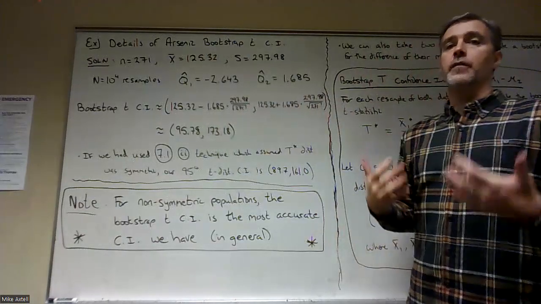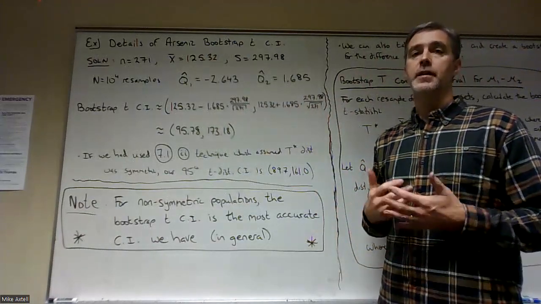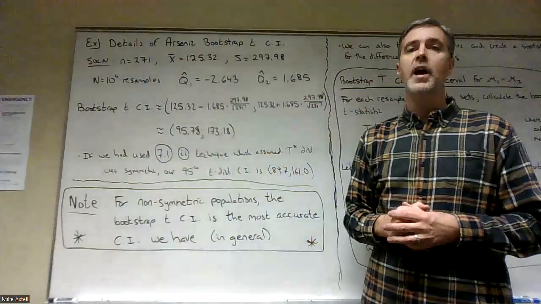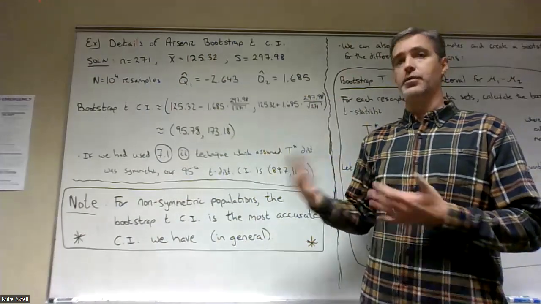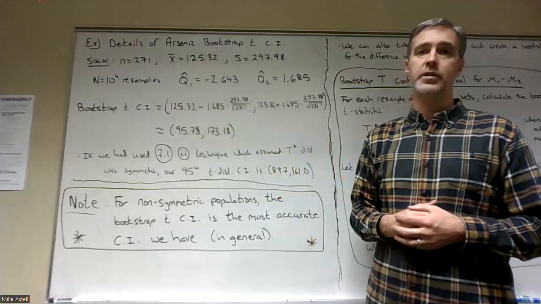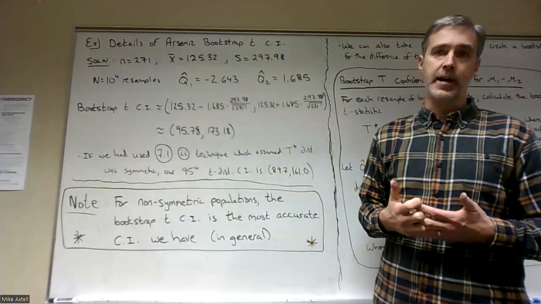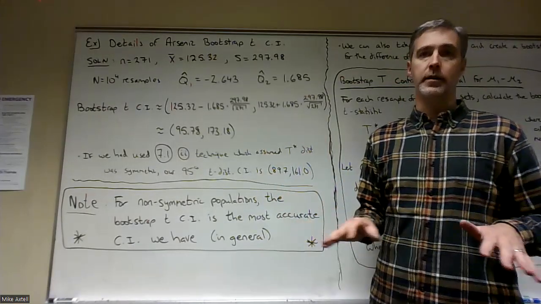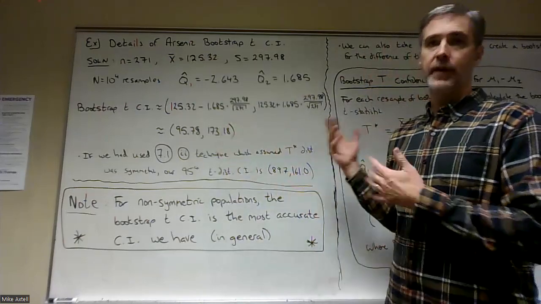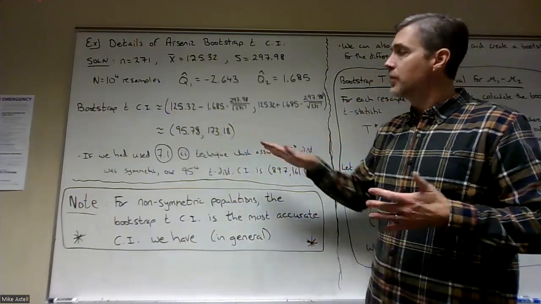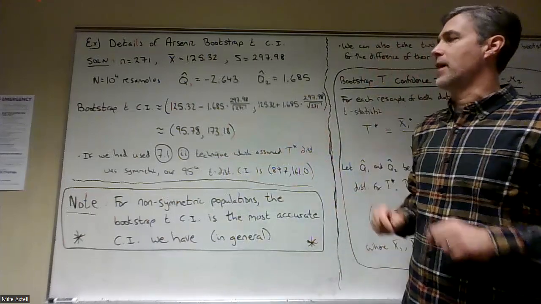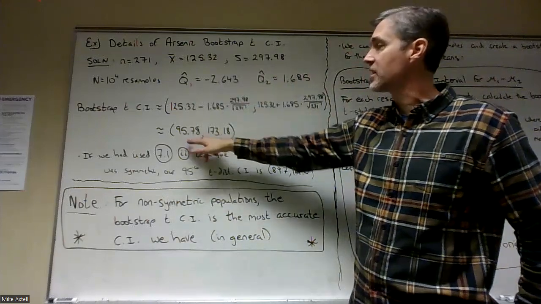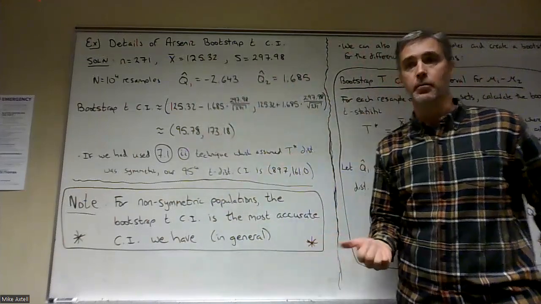So if we had 100 different samples, each containing data from 271 wells in Bangladesh, and with each of these 100 samples of 271 wells, we constructed a confidence interval, then 95% of the time, the population average amount of arsenic in any well in Bangladesh would be within the confidence intervals constructed, okay? So we could say we're 95% bootstrap confident that the population mean arsenic level of wells in Bangladesh is between 96 and 173 parts per billion, okay?